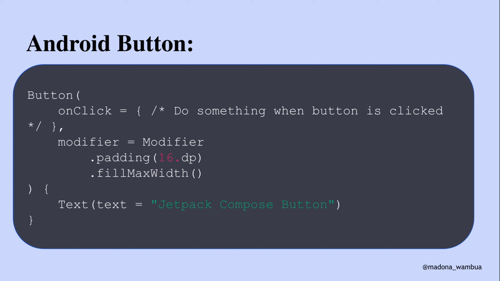And then the text component is used to set the text displayed on the button. For instance, this button will be called Jetpack Compose button. So whenever you see this button, you'll see a Jetpack Compose button, and then you can click it and do whatever you would want to.